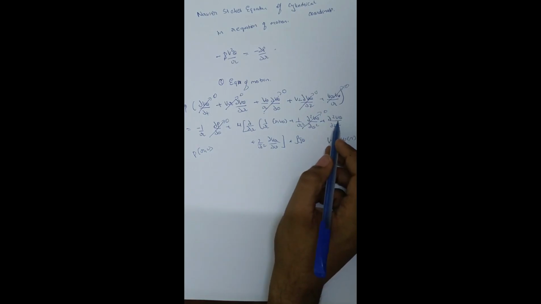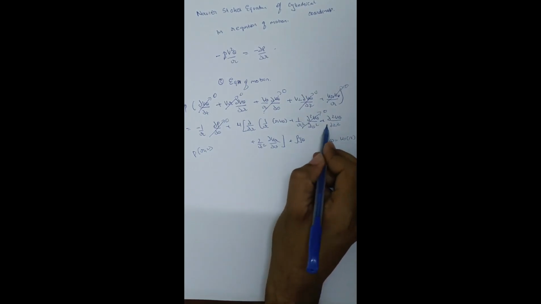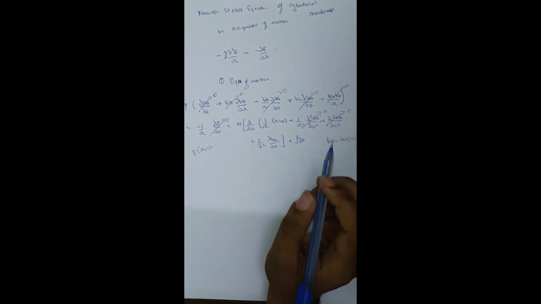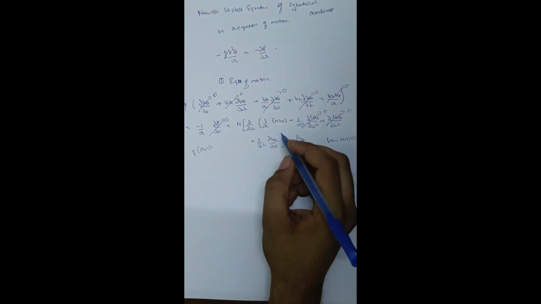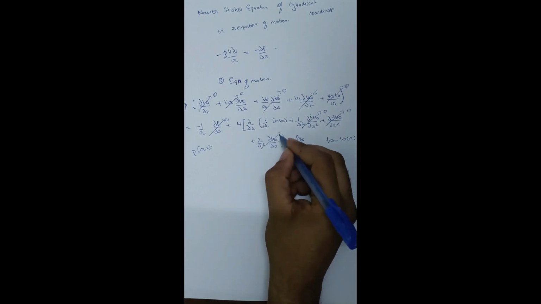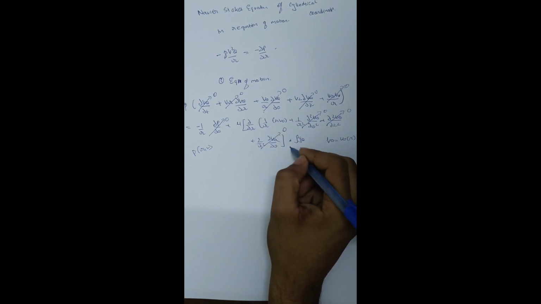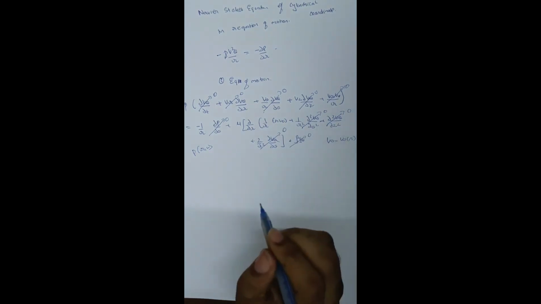Plus ∂²vθ/∂z²: for a similar reason this term is also going to be 0. Now moving on to this, we know vr is 0, so it is going to be 0. We know that g is not in the θ direction, so this is also going to be 0.